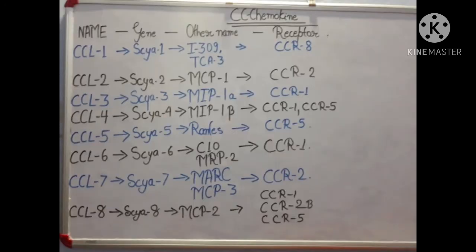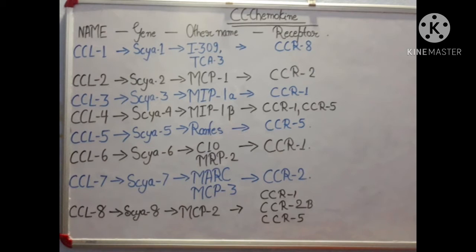So, the first member of the CC chemokine motif is CCL1, which is encoded by the SCYA1 gene, and it is also known as I309 and TCA3. Its receptor is CCR8. Now CCL2. CCL2 is encoded by the SCYA2 gene, and it is also known as MCP1, and its receptor is CCR2.